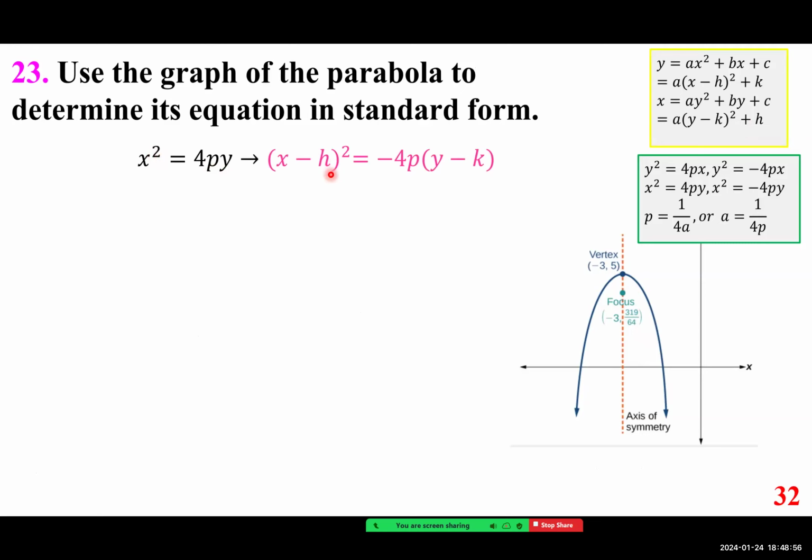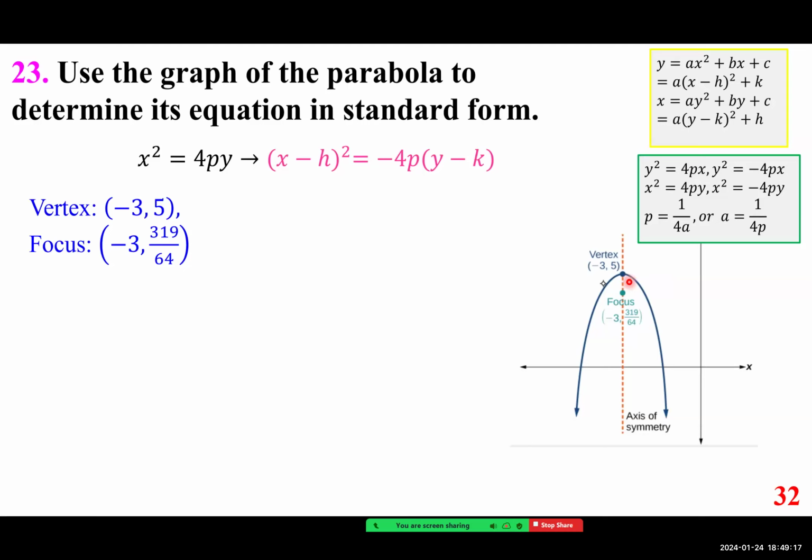Therefore, we're going to use x minus h squared equals minus 4p times y minus k. The reason it is negative is because it opens down. And again, I'll show you both ways. So the vertex is located at negative 3 comma 5. The focus is located at negative 3, 319 over 64. So those are given from the graph.